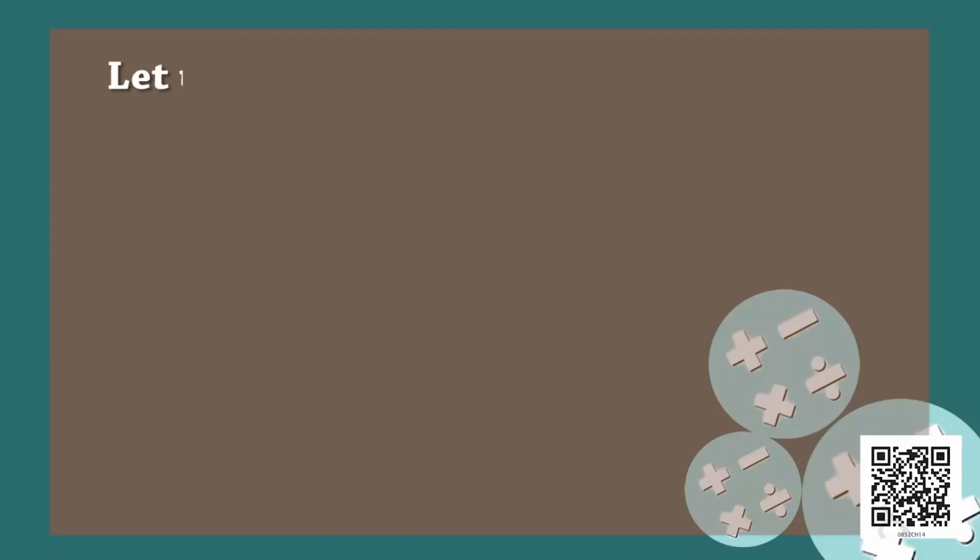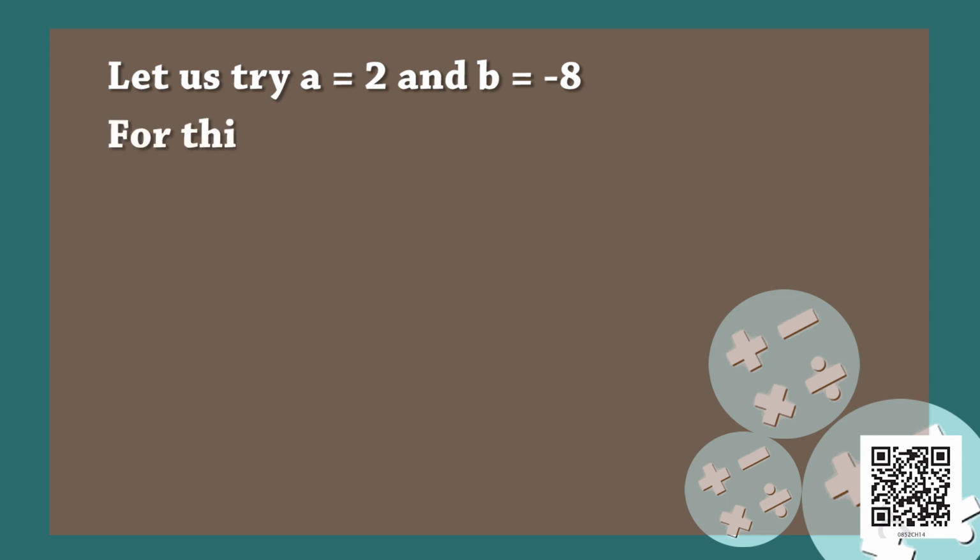So, let us try a is equal to 2 and b is equal to minus 8. For this, a into b is equal to minus 16, but a plus b is equal to 2 plus minus 8, that is minus 6, which is again not equal to plus 6.